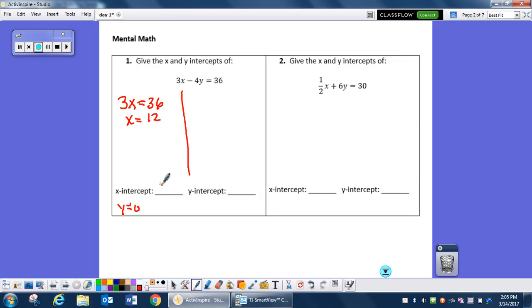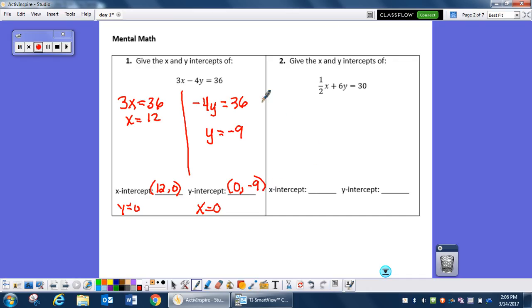So then your x-intercept is 12, 0. Then your y-intercept is when x equals 0, so you wouldn't have this x term, and you'd be left with negative 4y equals 36, and then y equals negative 9, so then your y-intercept is 0, negative 9.